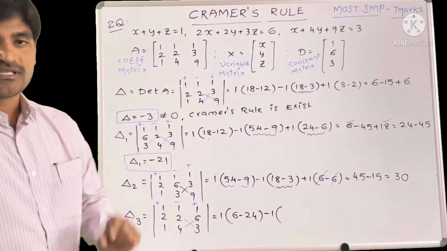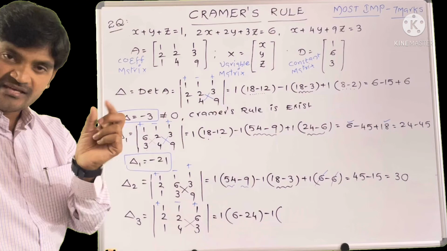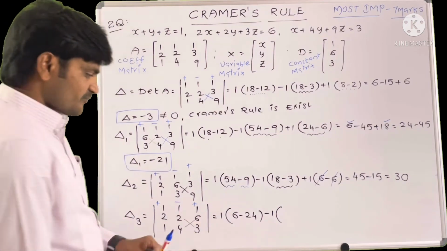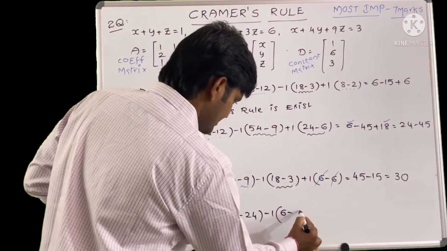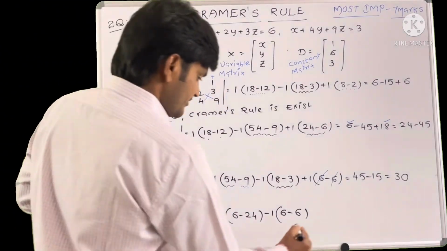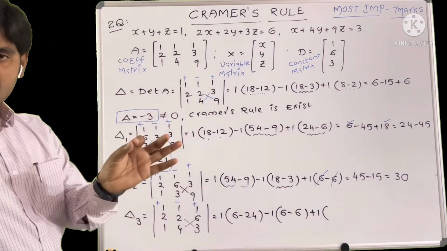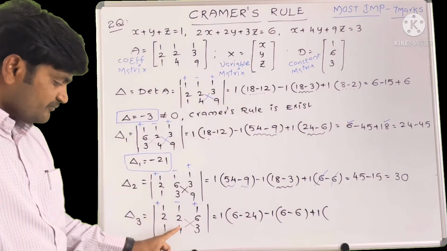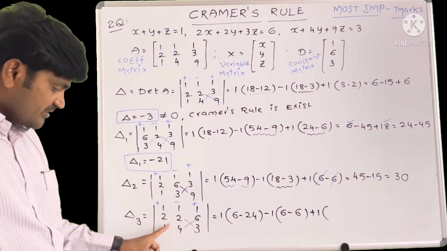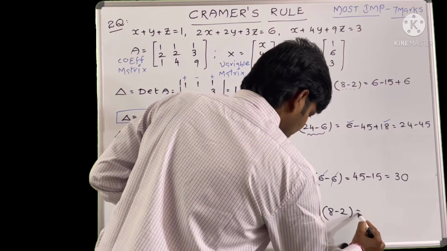Now again using the cross multiplication, 2 3s are 6, minus 1 6 are 6, 6 minus 6, and this is plus 1 into plus 1, so that 2 4s are 8, this is minus 2, 8 minus 2.